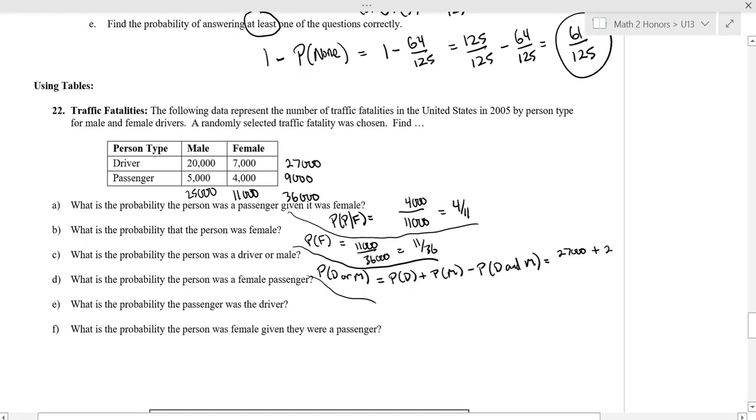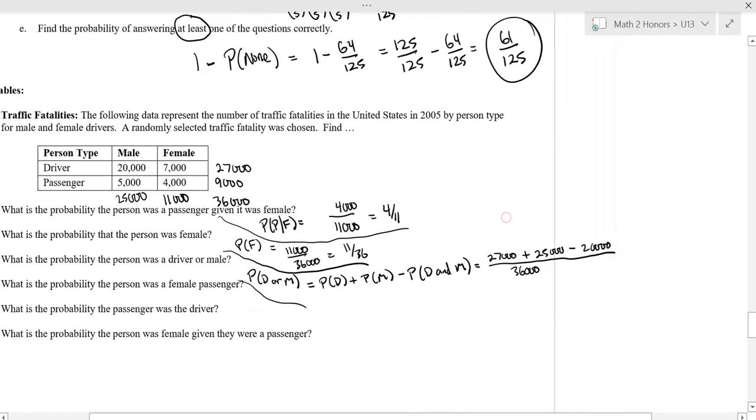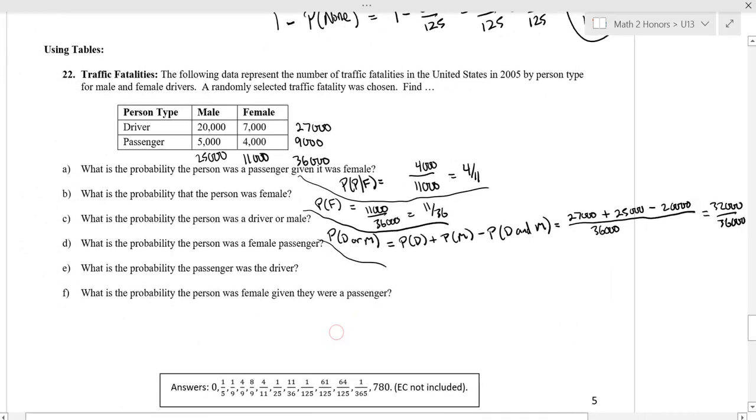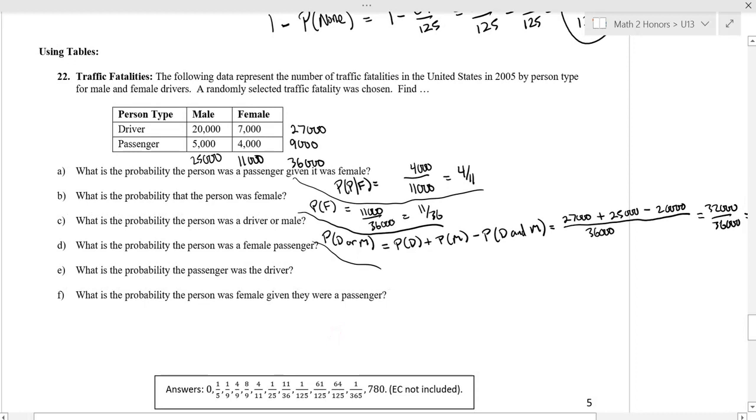Males, we have 25,000 males minus, how many are both drivers and males? We got 20,000, all out of the 36,000. And work through that, you get 32,000 out of 36,000. Reduce that to 8 out of 9. Okay, that was D. Oh, sorry, that was C. D now.